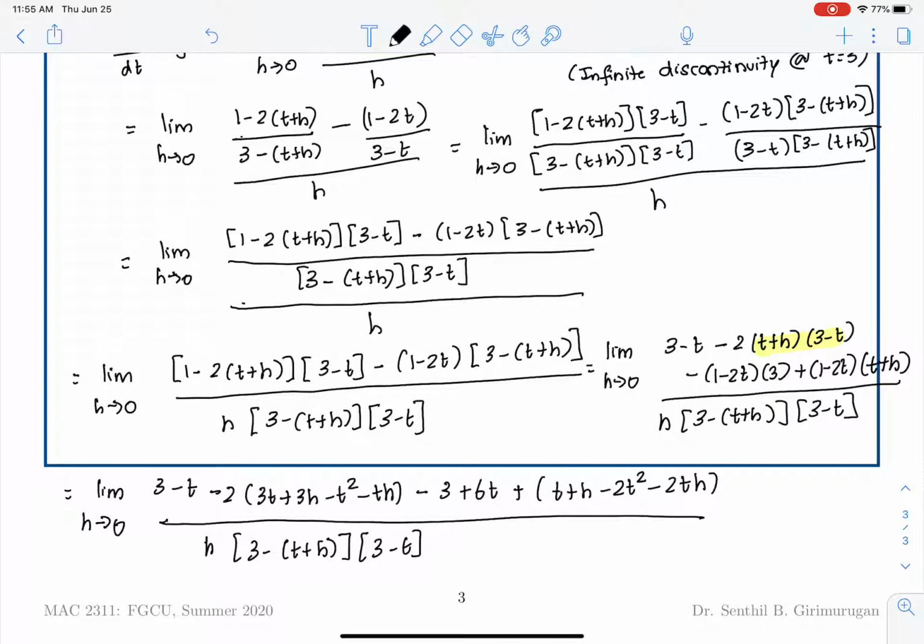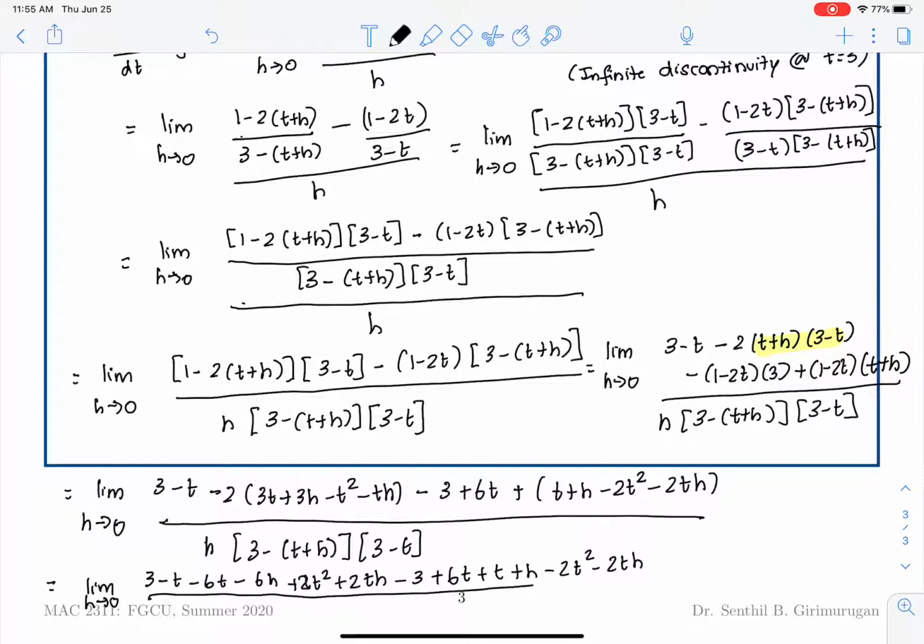So the numerator would become 3 minus t minus 6t minus 6h plus 2t squared plus 2th, minus 3 plus 6t plus t plus h minus 2t squared minus 2th, divided by the entire thing, h times 3 minus t plus h times 3 minus t.